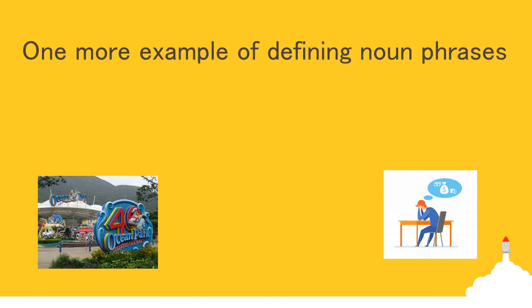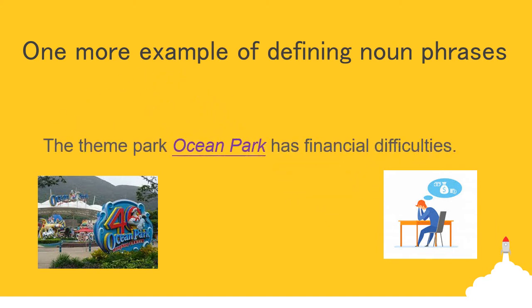So here is one more example of defining noun phrases. The theme park, Ocean Park, has financial difficulties. And you know that if the sentence read, the theme park has financial difficulties, that is, if the sentence did not have the name Ocean Park, then most readers would have difficulties.